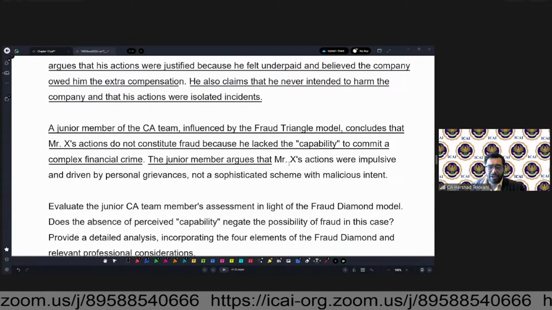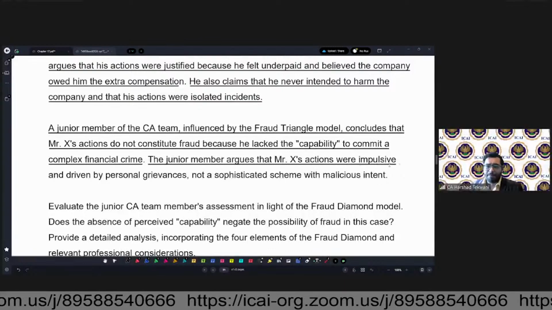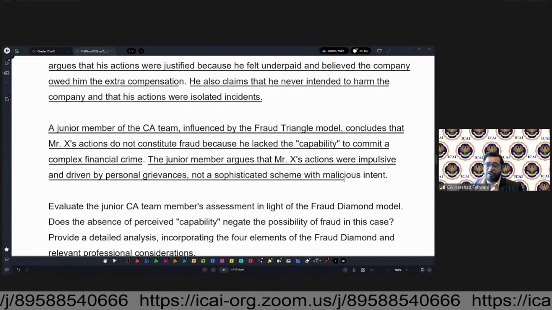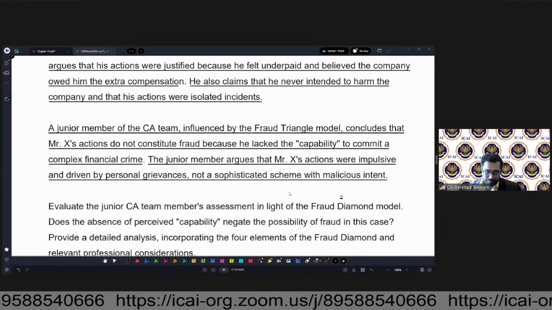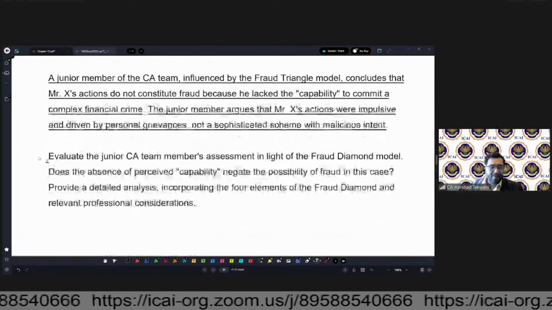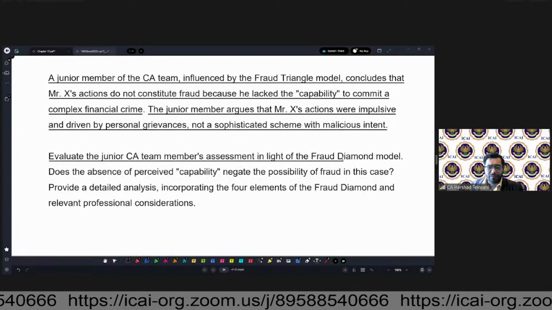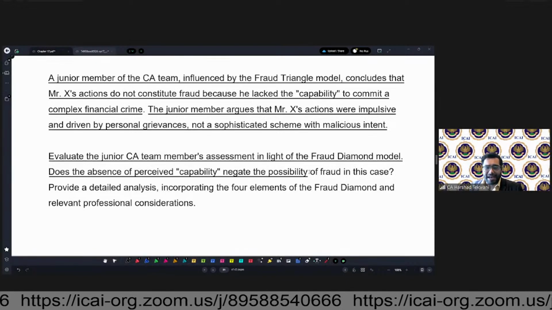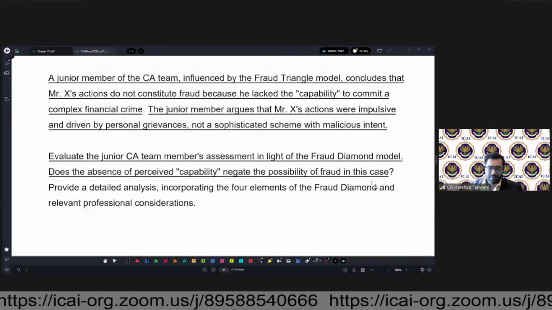The junior member argues that Mr. X's actions were impulsive and driven by personal grievance, not a sophisticated scheme with malicious intent. Evaluate the junior member's assessment in the light of the fraud diamond model. Does the absence of perceived capability negate the possibility of fraud in this case?